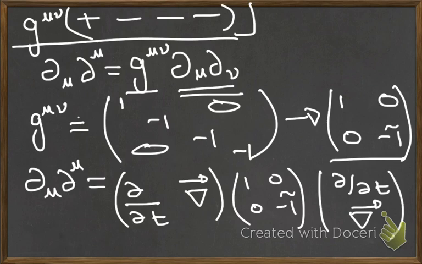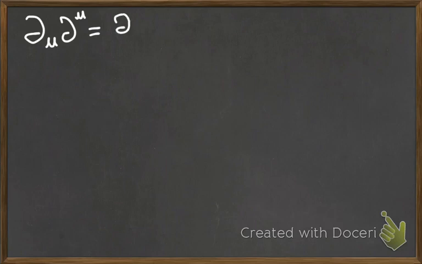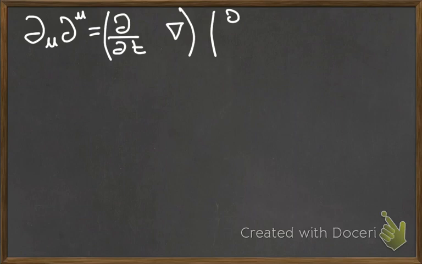Alright, so the next step is very obvious. I'm going to multiply out these two matrices, and what I'll get is that my partial mu is equal to, after I multiply out those two matrices, partial over partial t in a matrix, gradient, times my partial over partial t, and because of that multiplication this becomes negative gradient.